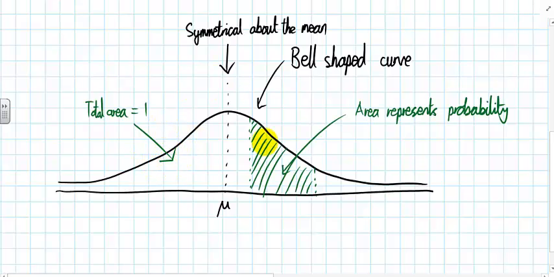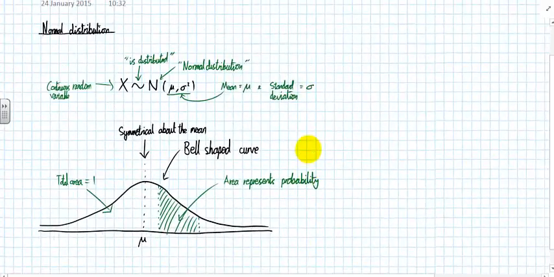We do this so that the area represents the probability. So if, for example, this was 2 and 4, to find the probability of a random variable being between 2 and 4 we need to work out the area of the graph. This will be covered in more detail with examples in later videos.